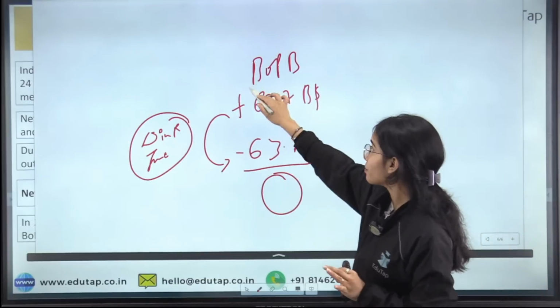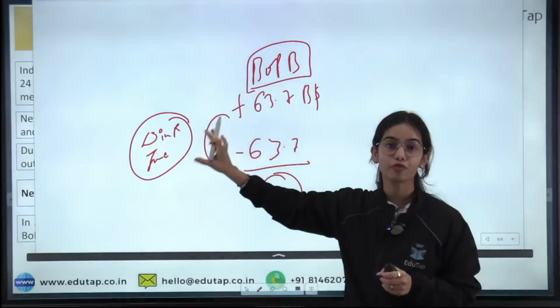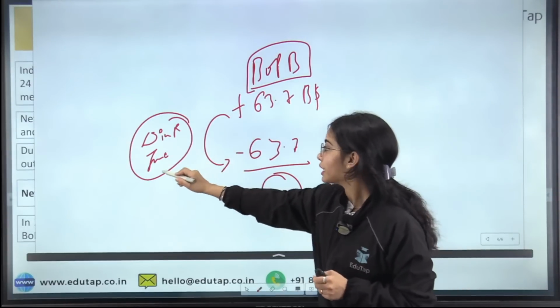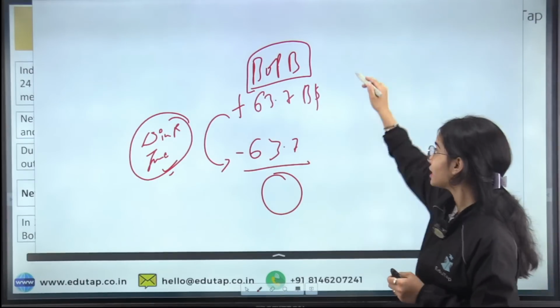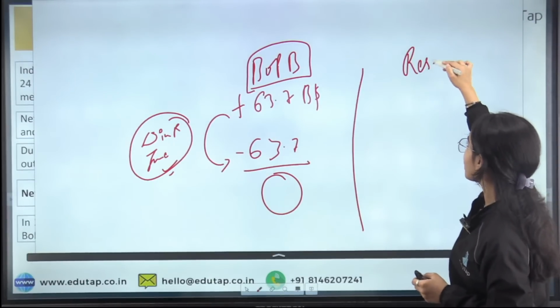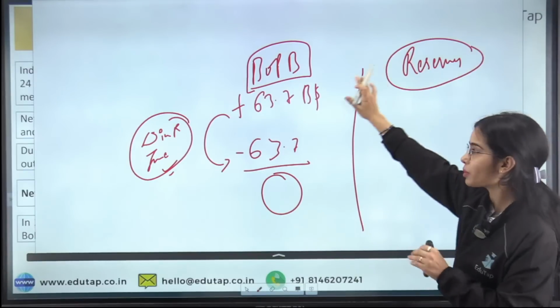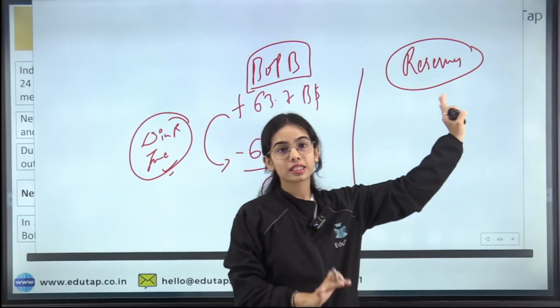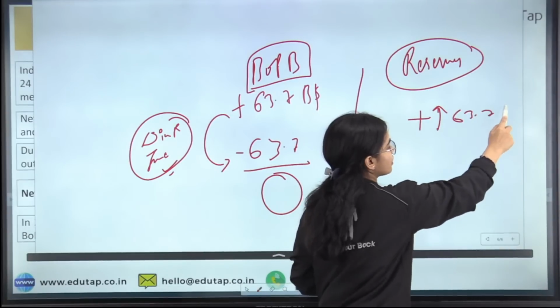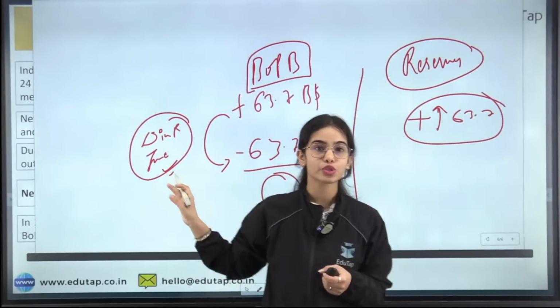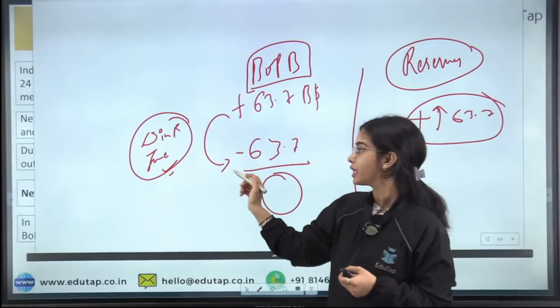So in the balance of payment, the increase in the reserves is shown as negative. But when we are only looking at the reserves and not from the balance of payment side, we will say that the reserves have increased by $63.7 billion. In the books, in the balance of payment, it is usually written as negative.